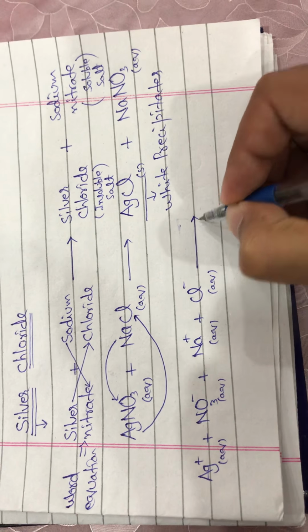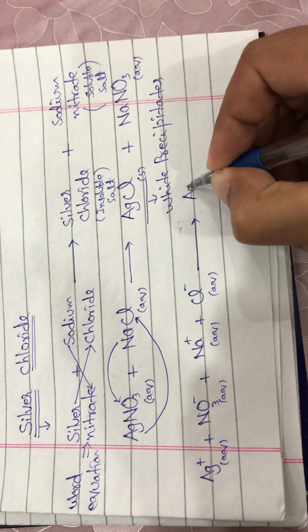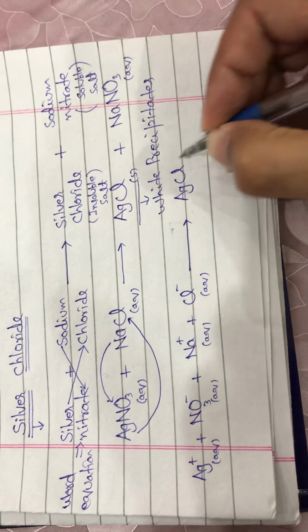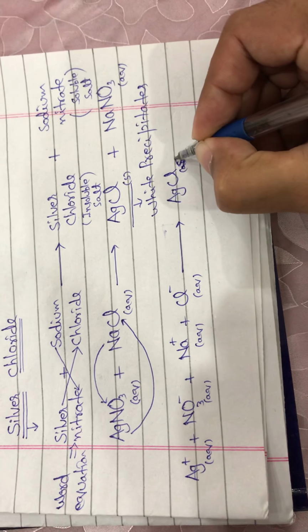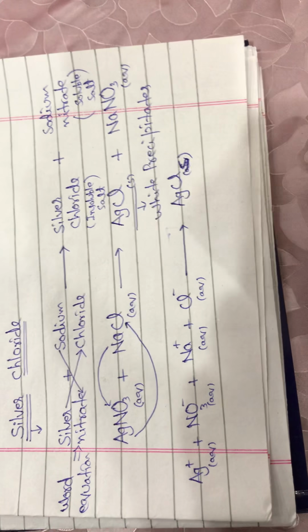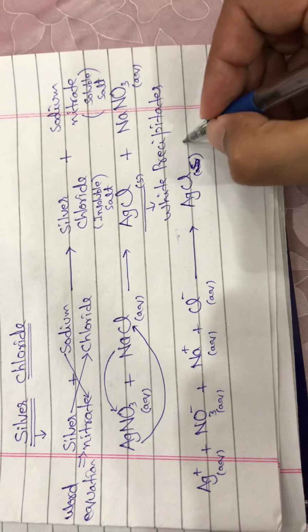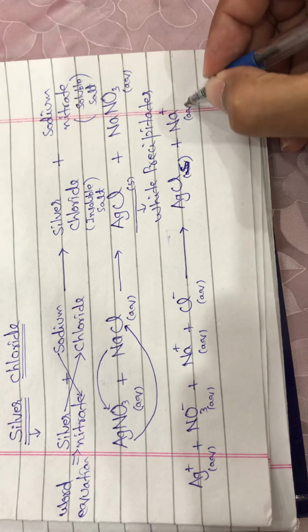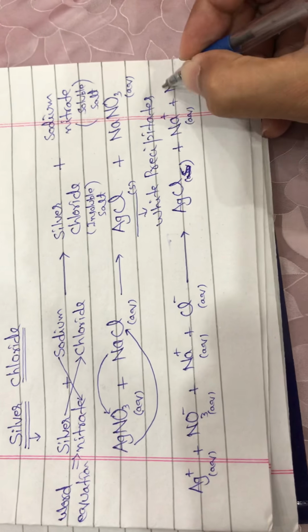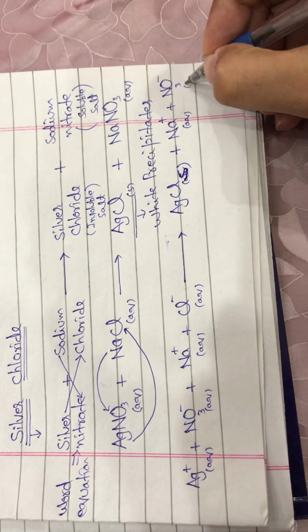The solids, liquids and gases will not be converted into ions, so they will remain as they are, while the sodium nitrate will also dissociate into ions.